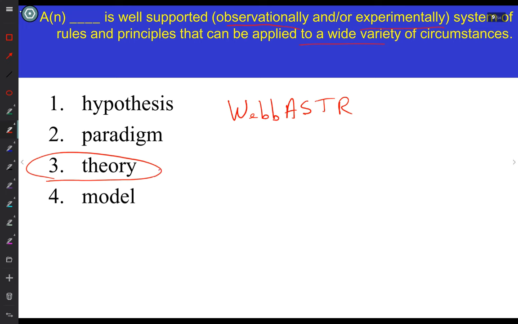So theory is, as far as we're concerned in this class, a well-tested hypothesis that's to the point that most reasonable people think it's highly unlikely that it's wrong. It's still possible that it's wrong, but most reasonable people think it's highly unlikely to be wrong. Not every reasonable person, or else we would never, ever overthrow our theories, right?